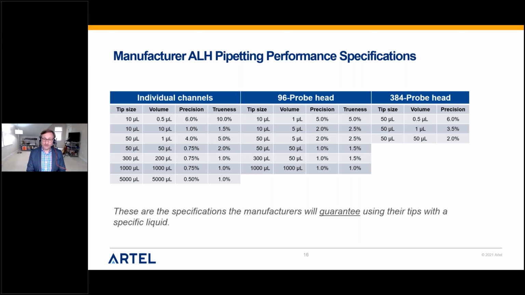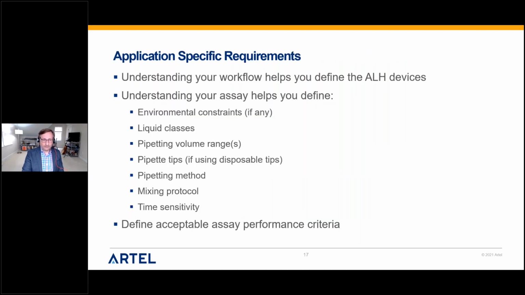It's not necessarily true for your assay, and that's the differentiator here. These are great numbers, they're fine and dandy, but you need to get something that matches up with your assay, and we're gonna talk a little bit about that in the coming slides, starting with this one. So when I think about assay, I think about what it is that you need to be able to do, and it's about understanding your workflow.